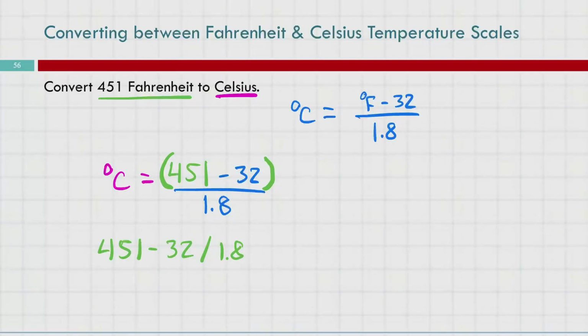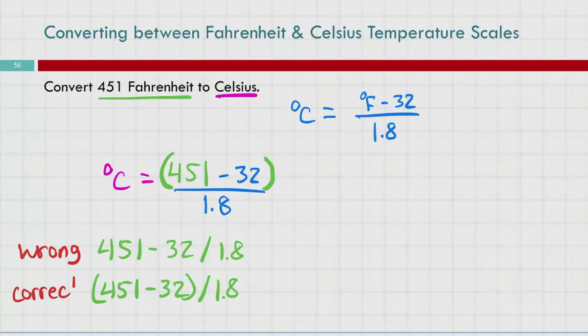What we wanted was to do the subtraction first and then divide that by 1.8. So this top one is wrong. This bottom one is correct. And this bottom one will give us 232.7.